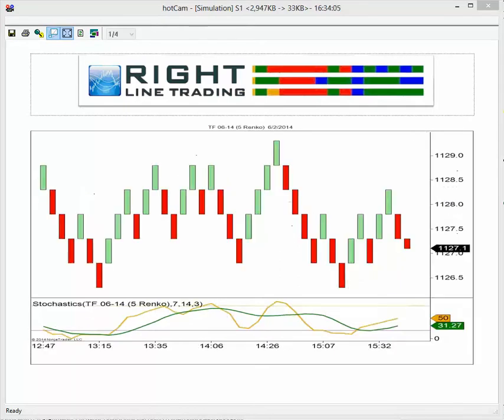But if you look at a Renko bar chart, there's a high and a low of every bar, but there's no open and close. So this stochastic line is totally inaccurate. You have to be really careful and do a lot of due diligence on your system, or you are going to wind up acquiring a system that's just plain broken.